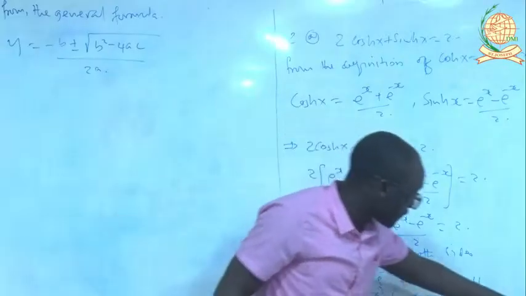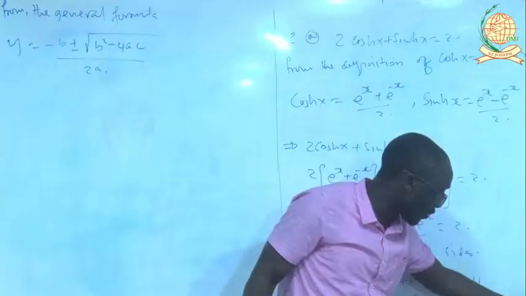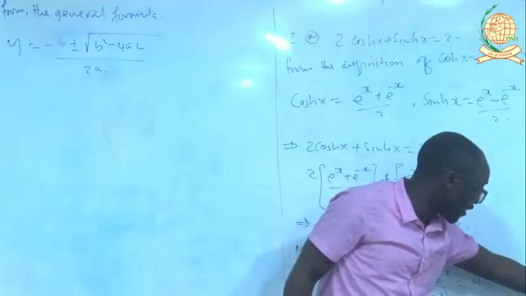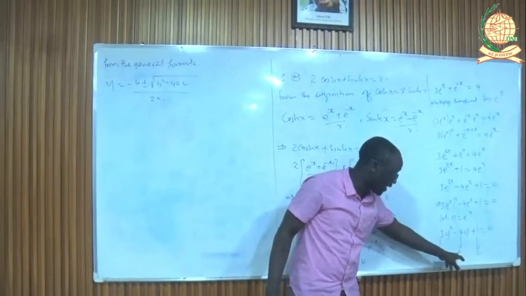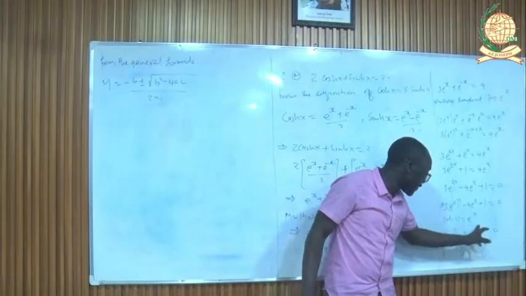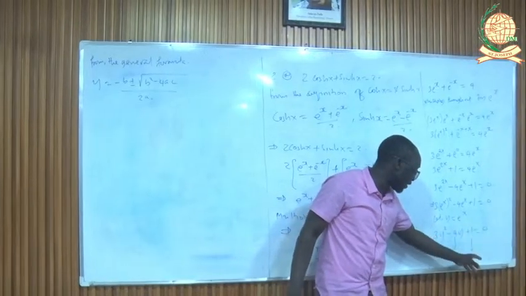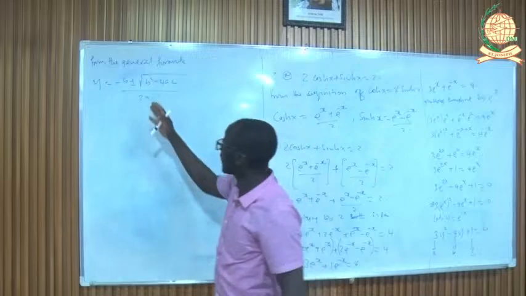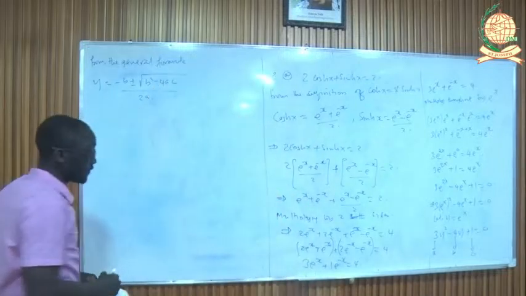The coefficient of y squared here, which is 3, is what we call a. The coefficient of y here, which is negative 4, we call it b. And the term which is free from y, a constant term which is 1 here, we call it c. So we're going to plug them in this equation to get the values of y.